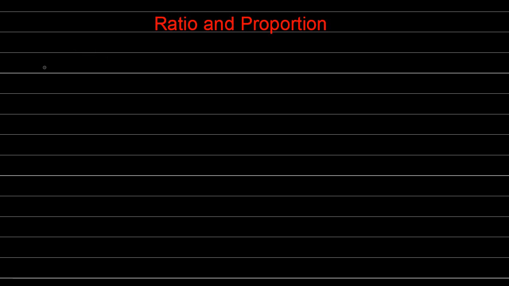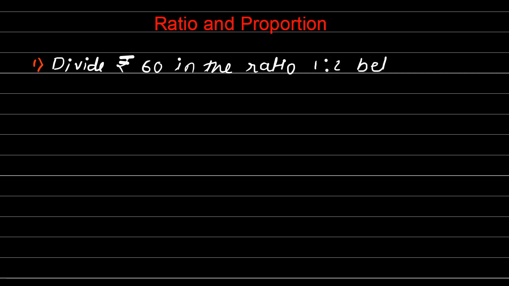So suppose now the question is, divide rupees 60 in the ratio 1:2 between Kirti and Kiran.